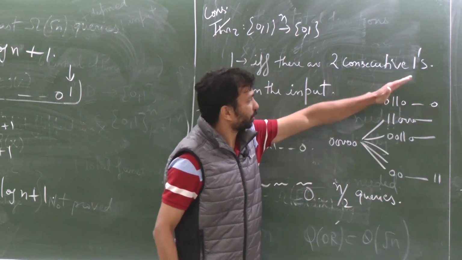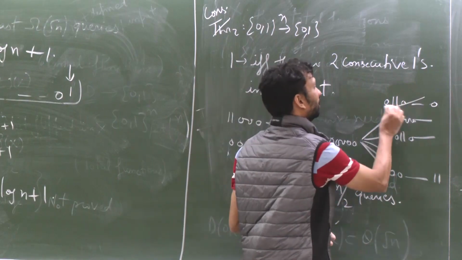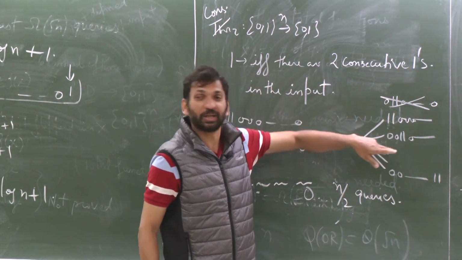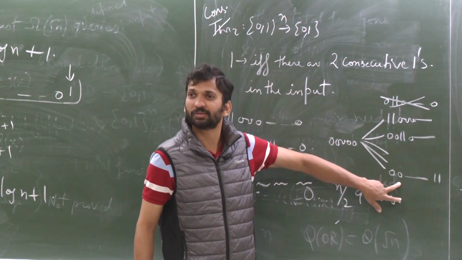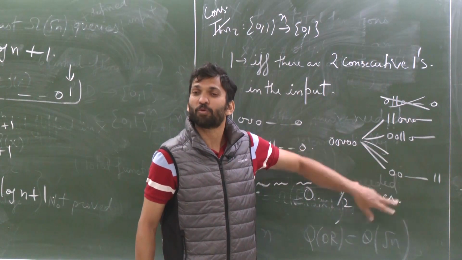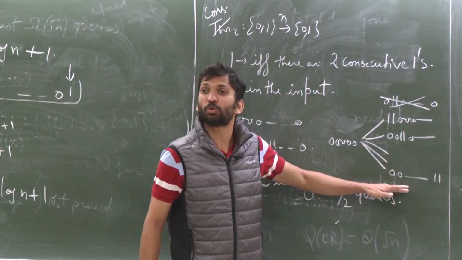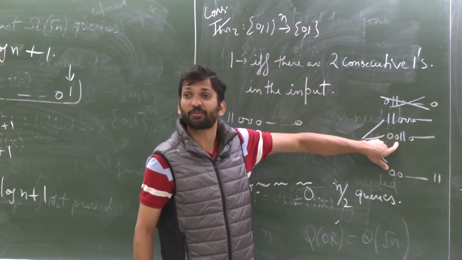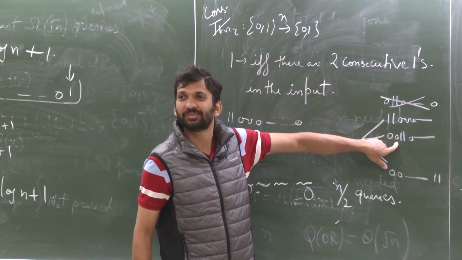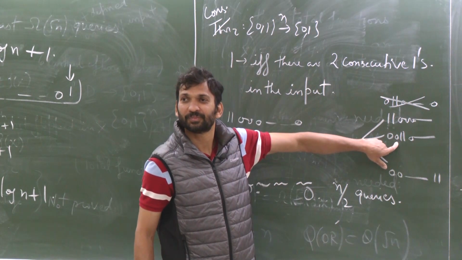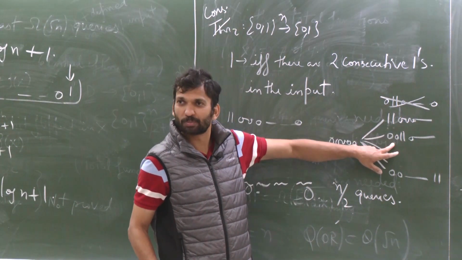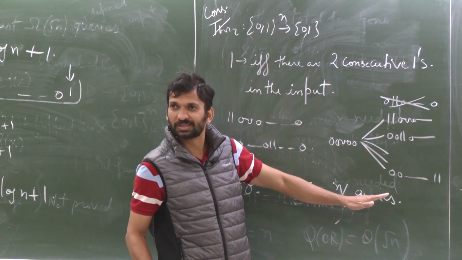I tell you that you have to query from here, from here, from here. I want to say that means you have to query at n by 2 places. That will only be true if querying here does not affect the thing here. Like one query cannot settle both, right? If one query can settle both, then I really don't need n by 2 queries.